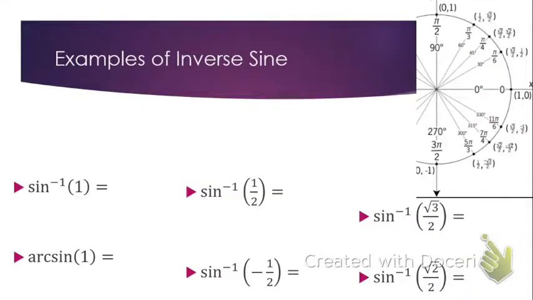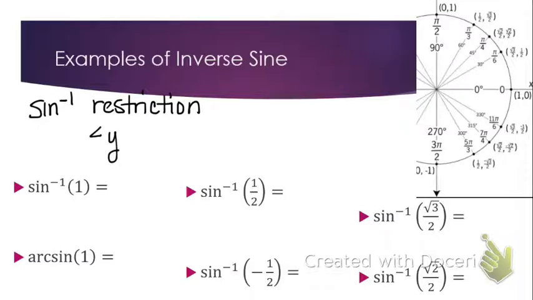So writing your notes, the restriction for inverse sine, so when I'm talking about my inverse sine restriction, I'm looking for an angle that is between negative pi over 2 and positive pi over 2.